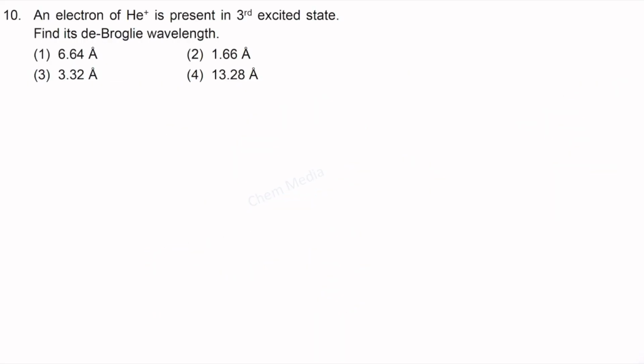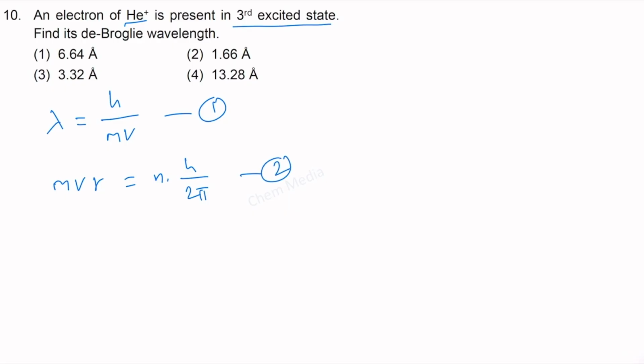An electron of helium plus is present in third excited state, find its de Broglie wavelength. We know that de Broglie wavelength lambda is equal to Planck constant h divided by mv. We also know from Bohr's theory that electron can revolve only in those orbits in which the angular momentum, that is mvr of the electron, must be equal to an integral multiple of h divided by 2 pi.